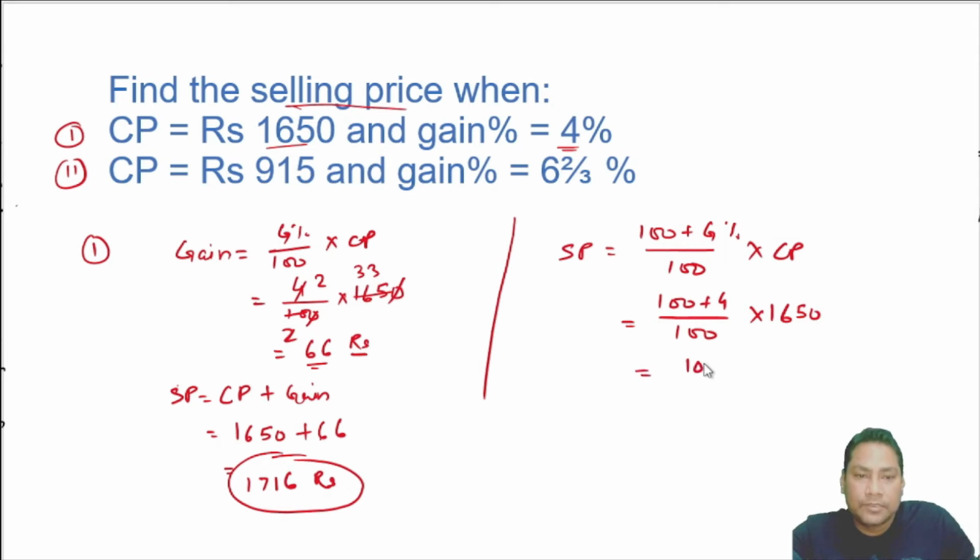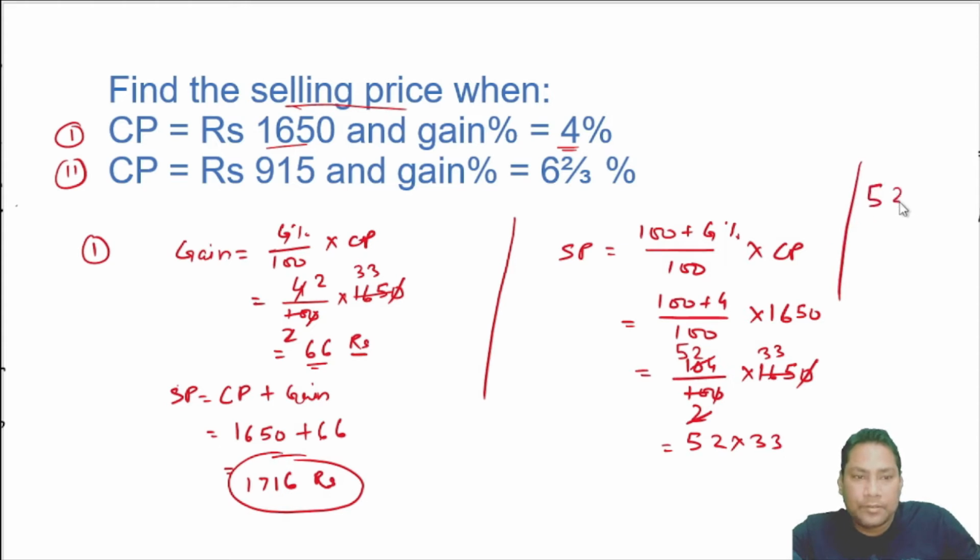This is 104 divided by 100 multiplied by 1650. 0 and 0 cancel. Now we will cut by 5. 2, 5s are 10 and this is 3 and 15, 33, 52, 2 104. Now it becomes 52 multiplied by 33.